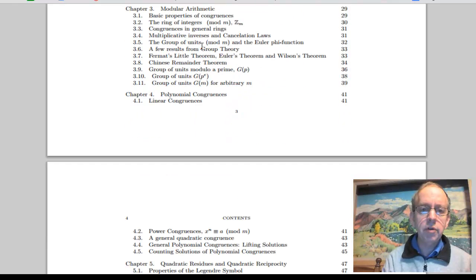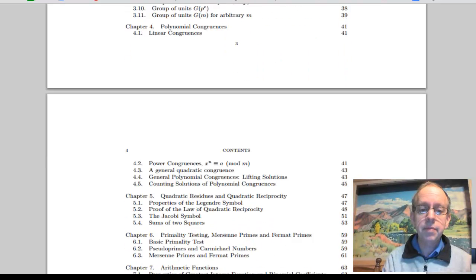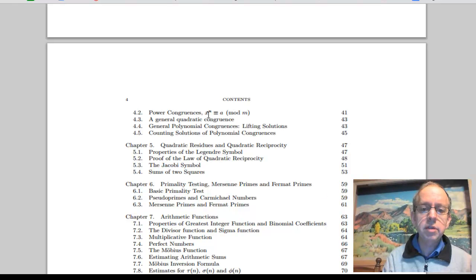Then we do modular arithmetic, Fermat's little theorem, Euler's theorem, study the group of units mod p, and show that it's a cyclic group. Look at the Chinese remainder theorem, more on congruences, polynomial congruences, chapter 4. Chapter 5, we will look at quadratic reciprocity, quadratic residues, and characterize integers that are sums of two squares.